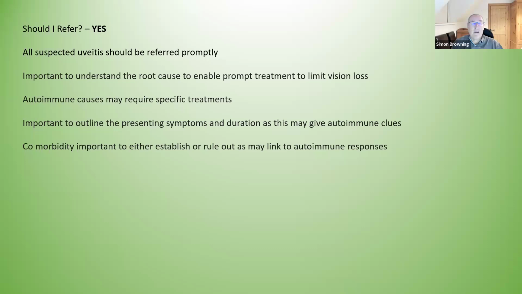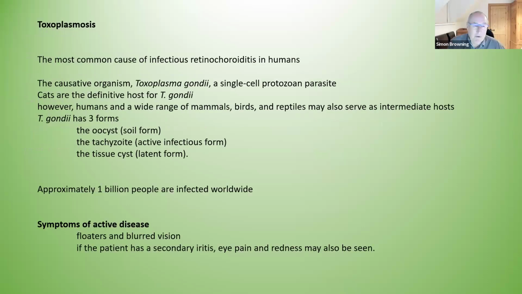So some other ones: toxoplasmosis, the most common cause of infectious retinochoroiditis in humans. You may well, all of you, have come across somebody in your career who has had toxoplasmosis. I know the chairman of our low vision group in Bedford was a classic toxoplasmosis victim.